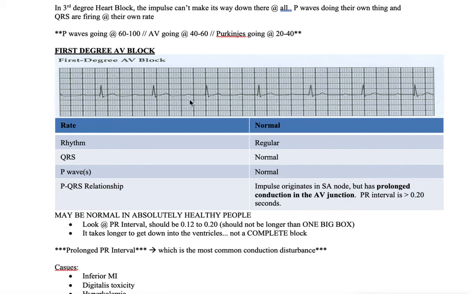Here's a good example. The P wave starts, and as you can see, once the P wave fires, we're already over one big box, so we're over that 0.20 threshold. Wow, it's prolonged, and we see that it's consistently prolonged. And that is an indication of a first degree AV block.